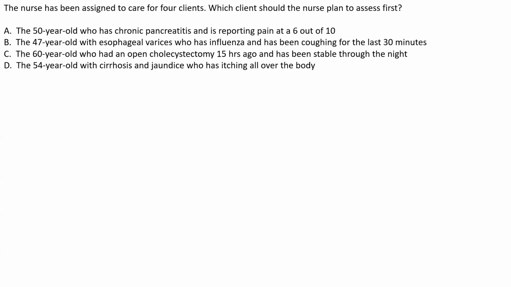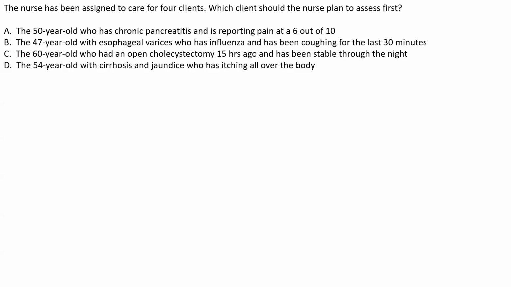The last question, I believe: the nurse has been assigned to care for 4 patients. Which patient should the nurse plan to assess first? This is another prioritization question. We have a patient with chronic pancreatitis reporting pain level of 6 out of 10.